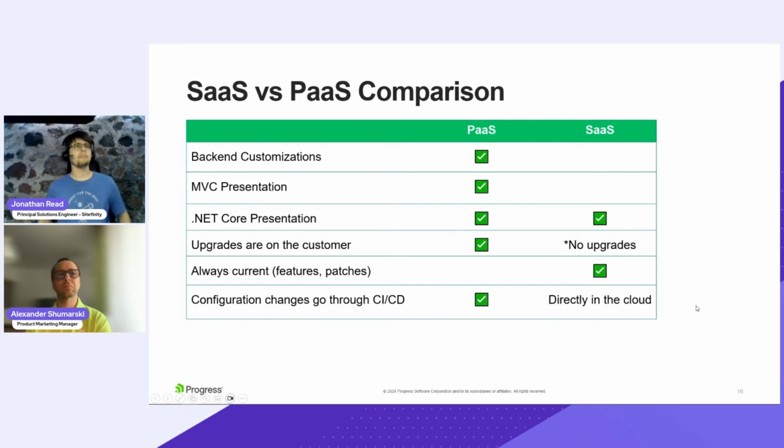So again, the SaaS model really focuses on the ease of maintenance, right? And this is going to drastically reduce the amount of time that you're going to spend upgrading the application. And you can really just focus in on the front end technology. And again, it's a small amount of effort to get that front end technology upgraded. And it will be a zero downtime deployment too for both models.